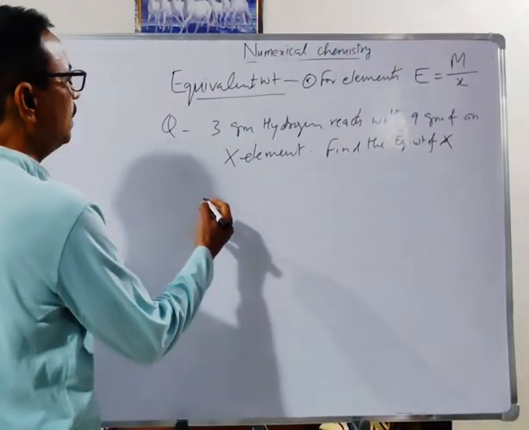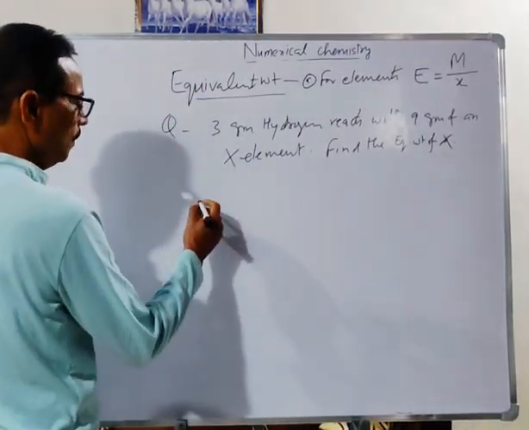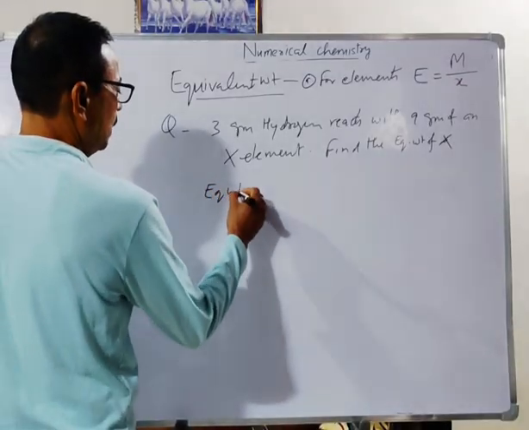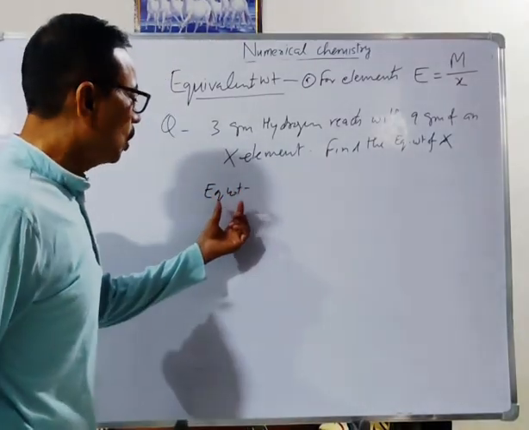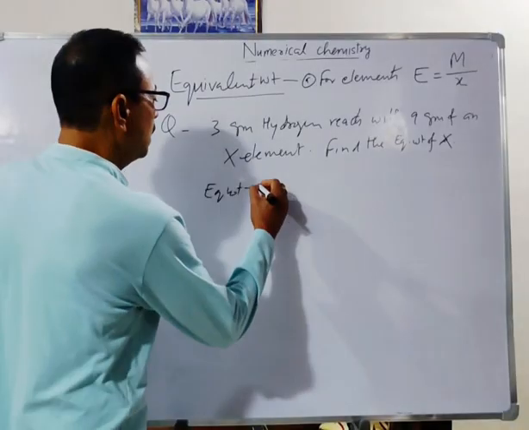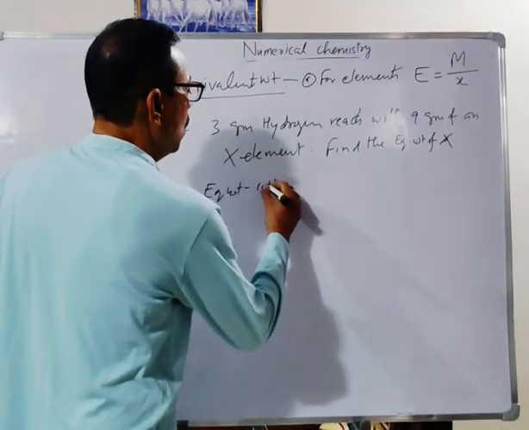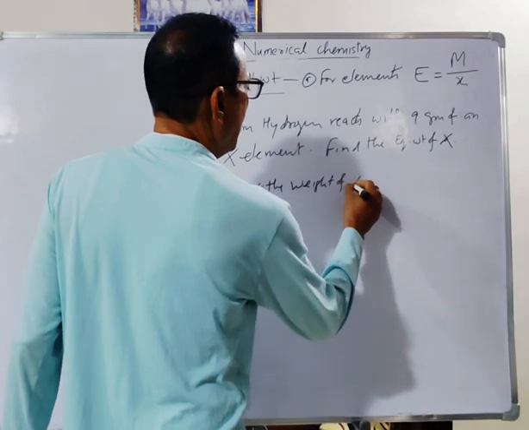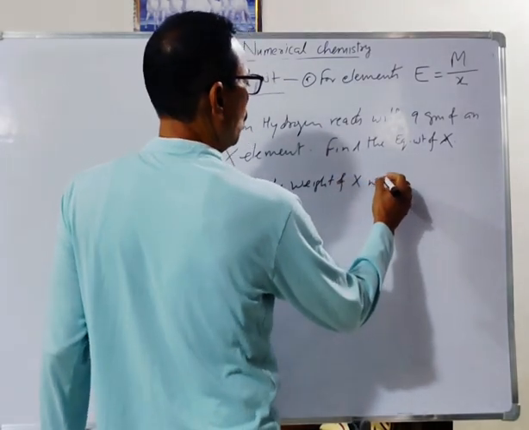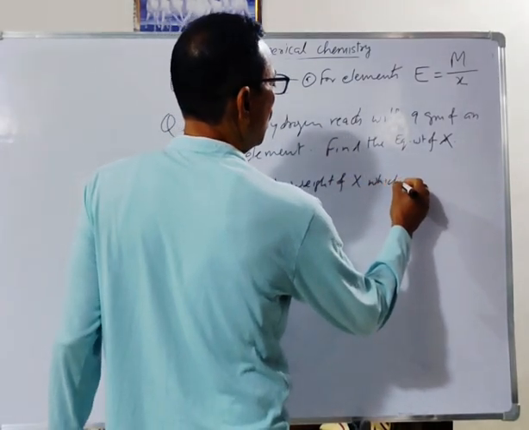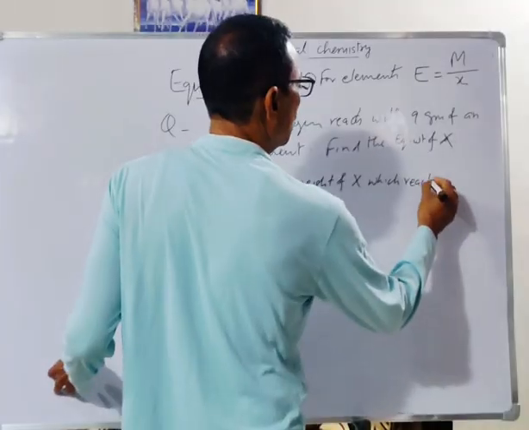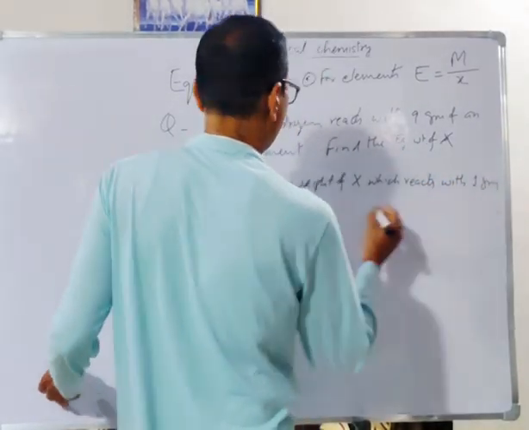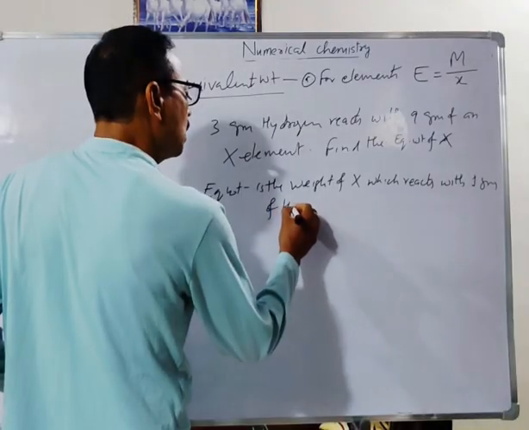So as per the definition, equivalent weight is the weight of X which reacts with 1 gram of hydrogen.